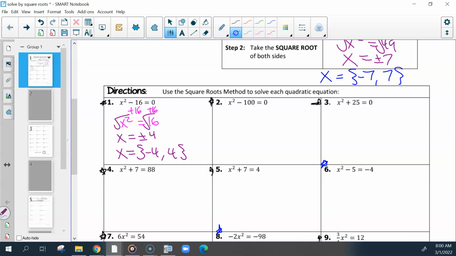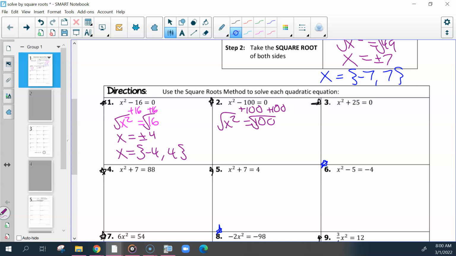Number 2, walk me through that. What would I do first? Add 100 to the other side. And then take the square root of both sides.